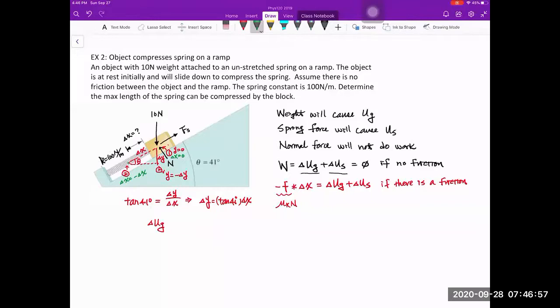This is the amount of the change of x. So x is the negative change of x.